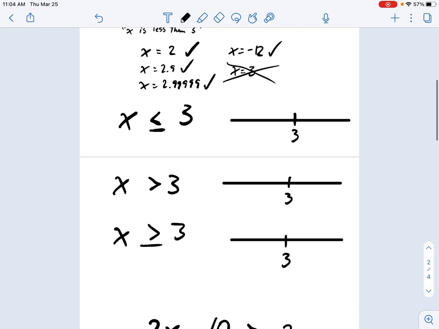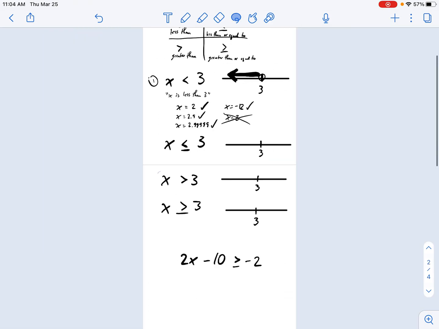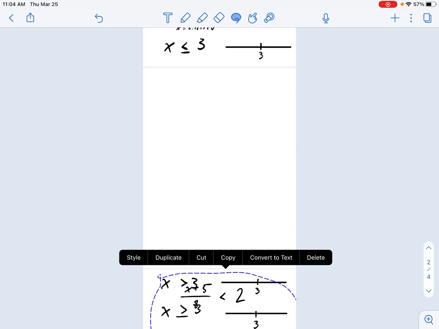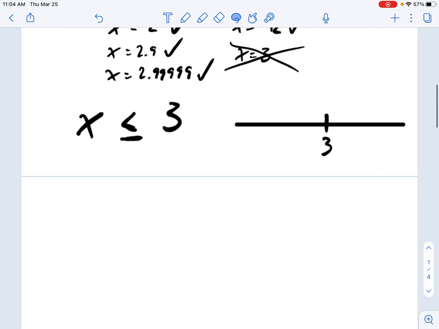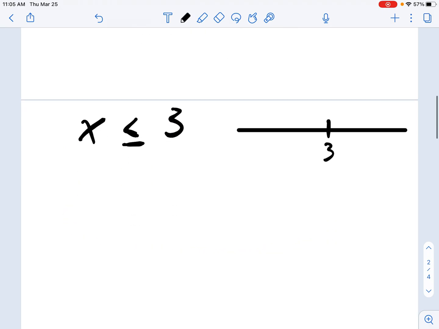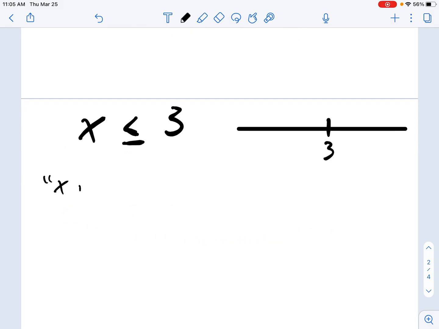Sorry, let me move all of these out of the way because we need more room. Here we have x is less than or equal to 3. Let's write what this actually says: x is less than or equal to 3. Could x be 2?